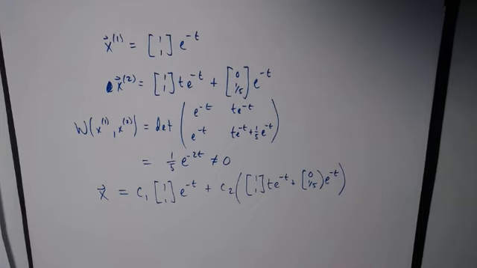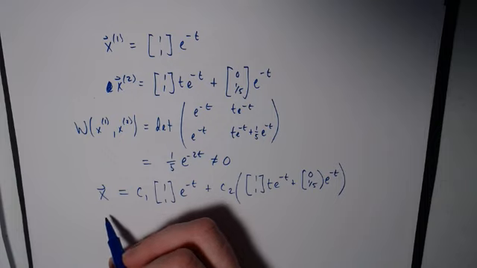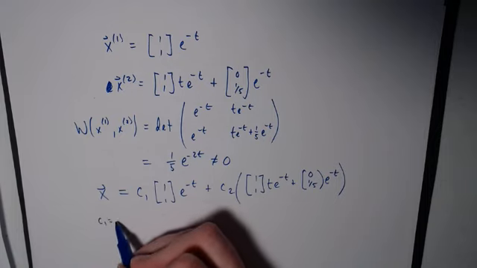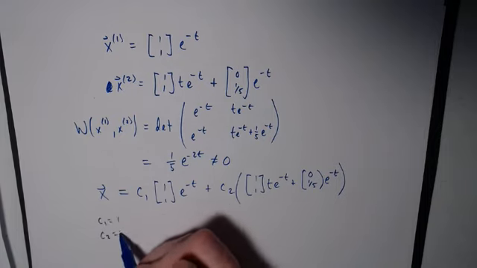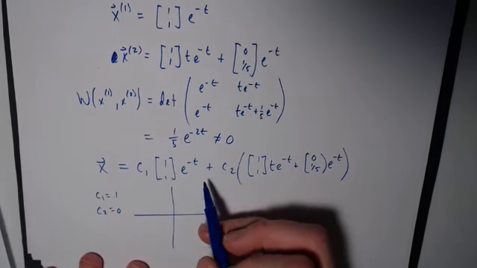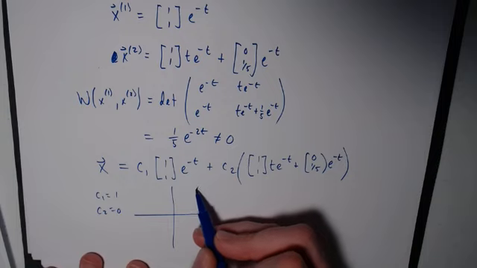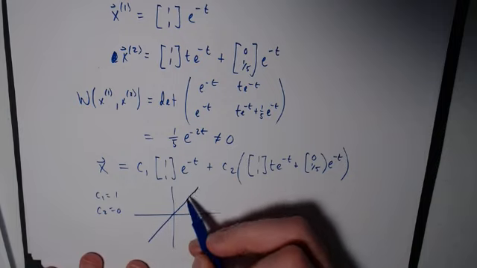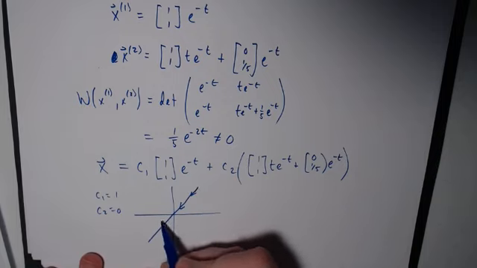So if we took a trajectory where C1 equals 1 and C2 equals 0, then that would just be along this line where we're pointed at 0.